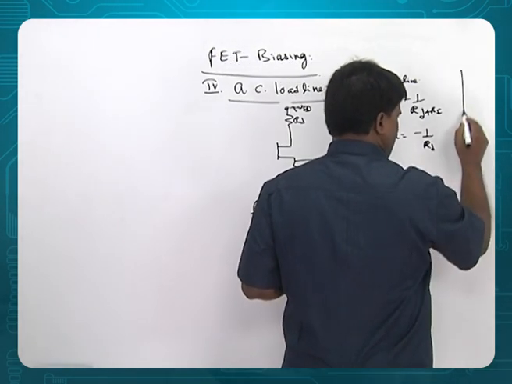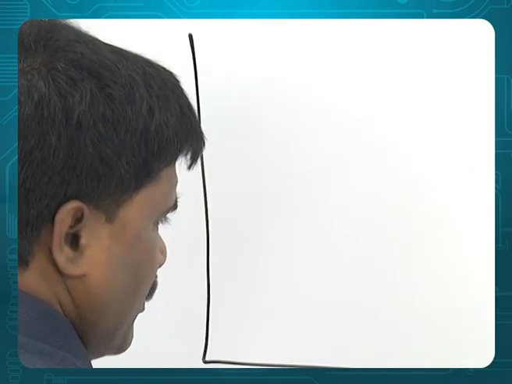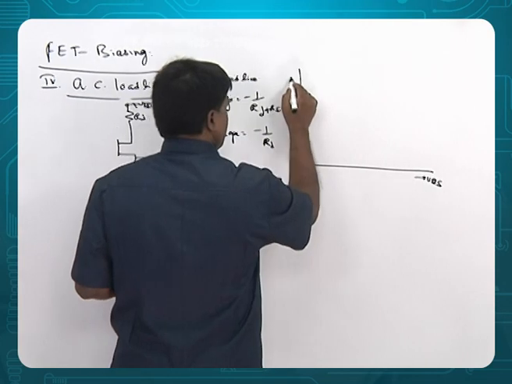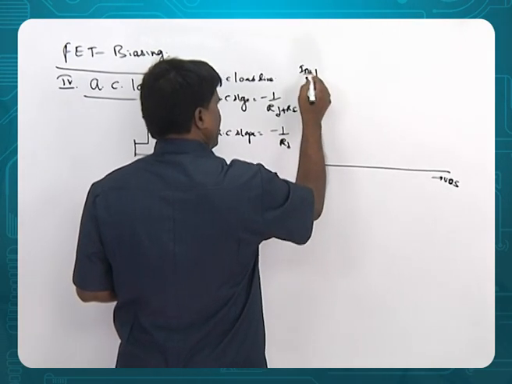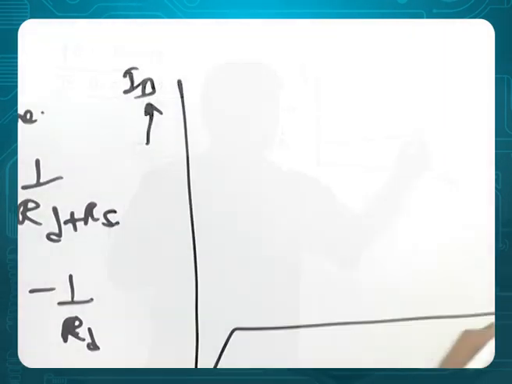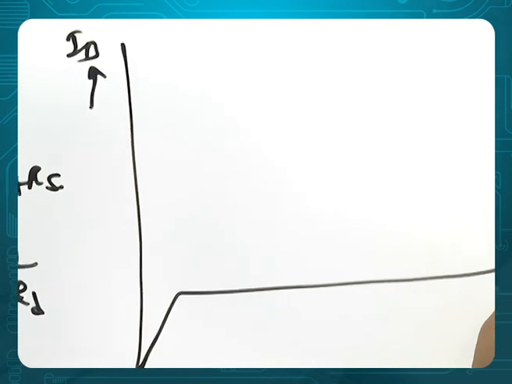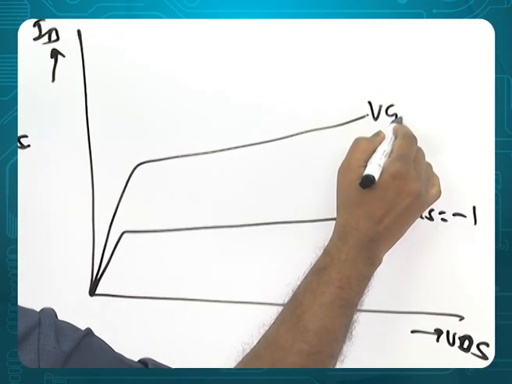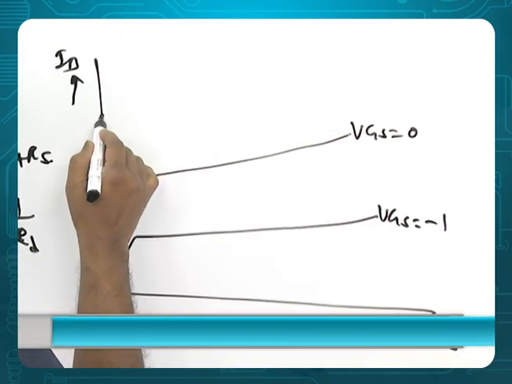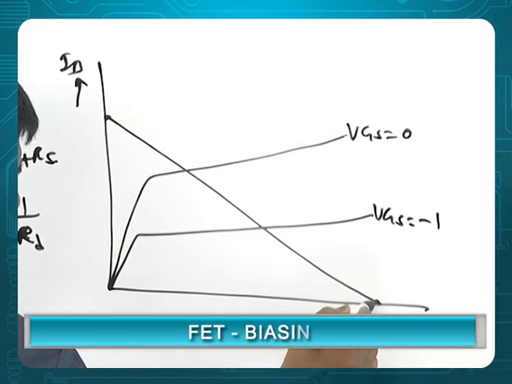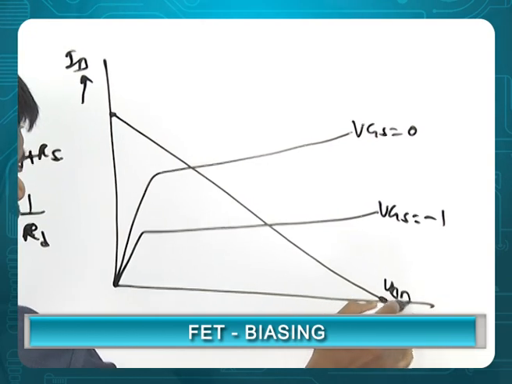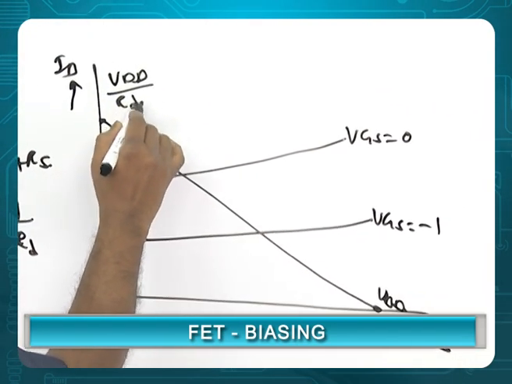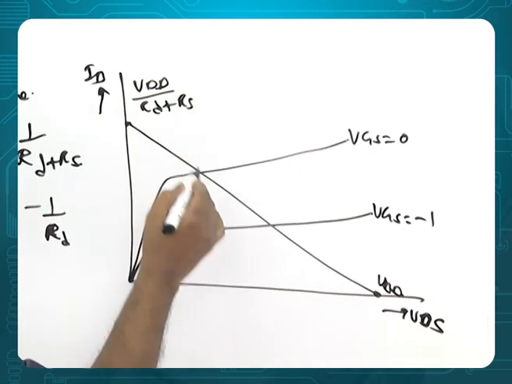So if I have to sketch them, VDS, ID, VGS minus 1, VGS 0, VDD, VDD by RD plus RS.